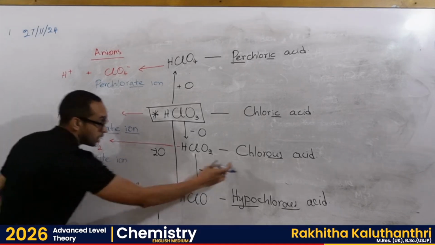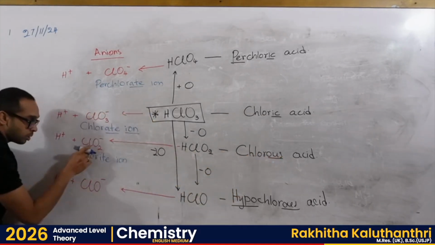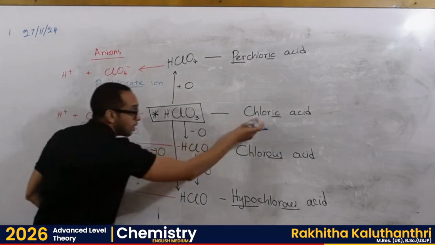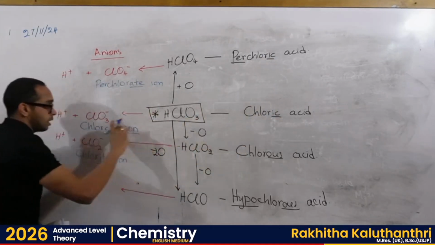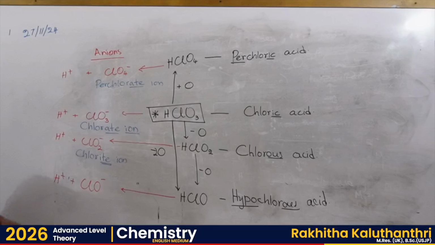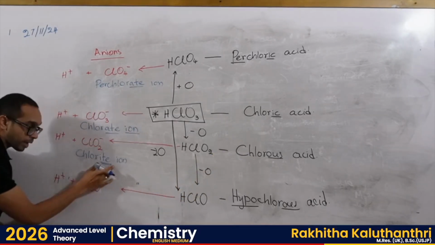ion. So here the name was OUS. When it is turning into an ion, students, the ending changes to ITE. When there was an IC ending, both of them were ending with IC, their names changed to ATE ending, right? So it changes to chlorate and perchlorate, and here this name changes from chlorous to chlorite, right?